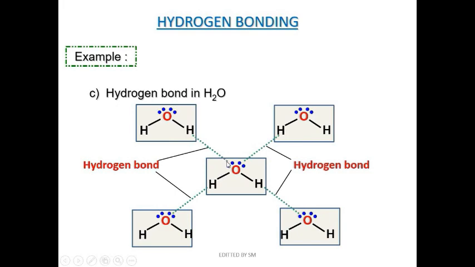Each water molecule has two hydrogen atoms that can form hydrogen bonds with two other water molecules. So, a water molecule can bond to four neighboring water molecules by hydrogen bond.